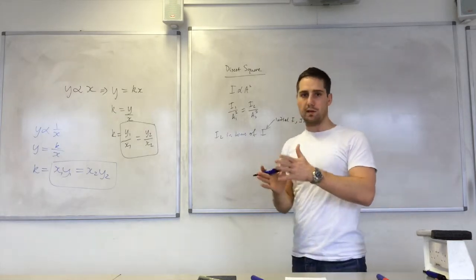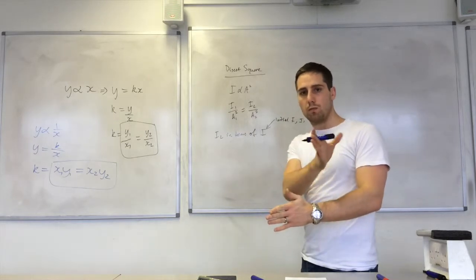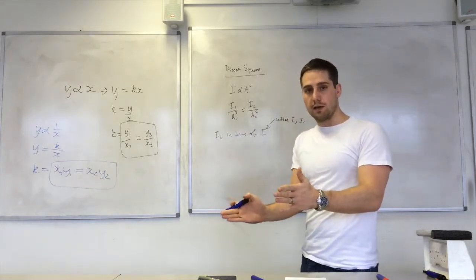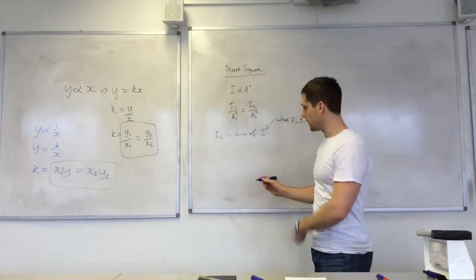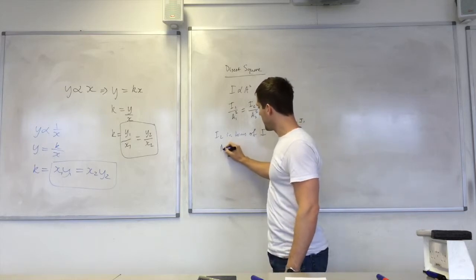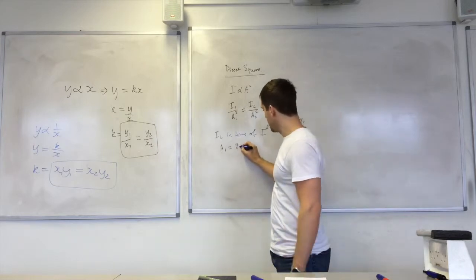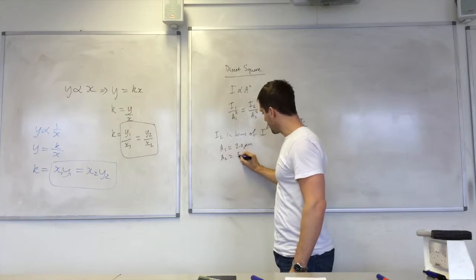What's happening is we have an amplitude, then we put something between the wave source and the detector, and that reduces the amplitude of the wave as it travels through the barrier. So A1 is given to us in the question as 2 micrometers. A2 is 3 micrometers.